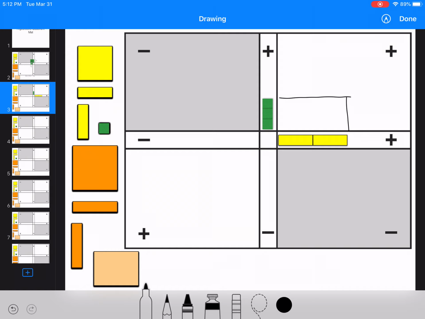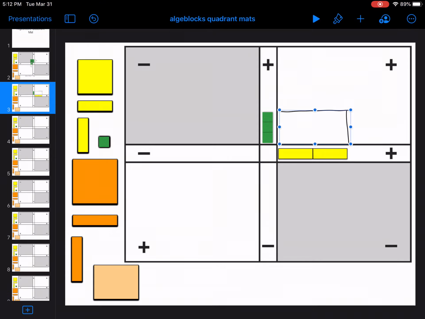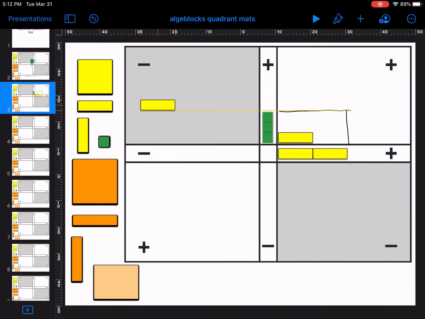Now, for everything to line up, this region here is going to be a yellow rod, right? You see that? So if we want to line up the yellow rod, by the area, which is the dimensions yellow rod by green square, it's going to be a yellow rod.